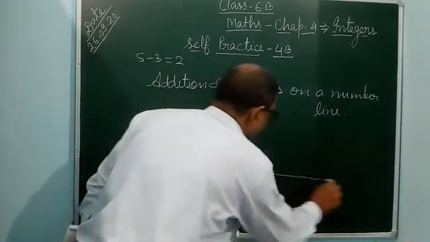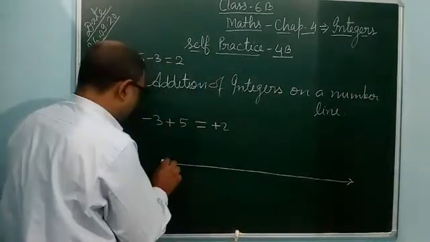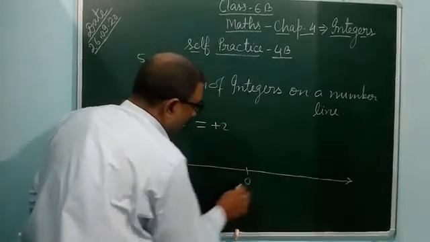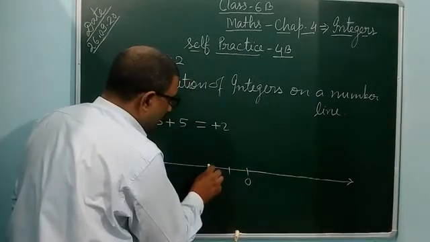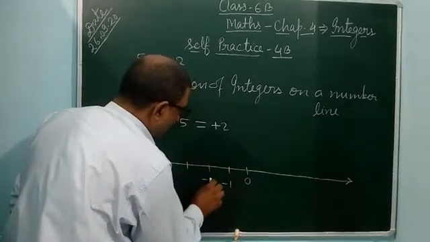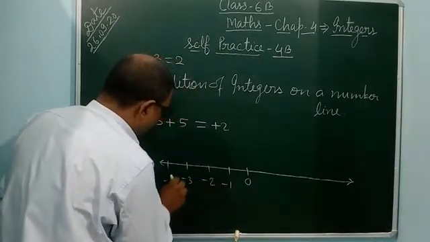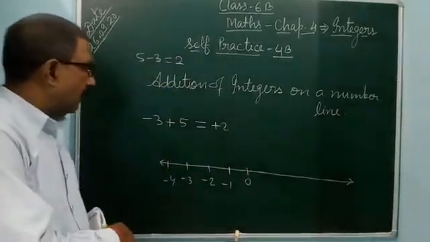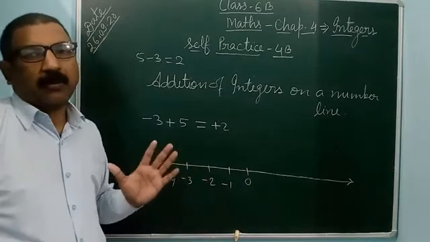On the number line, here 0, because there are negative integers also: 0, minus 1, minus 2, minus 3, minus 4, and on the other side 1, 2, 3, 4, 5. Always take care that the gaps on the number line should be equal.